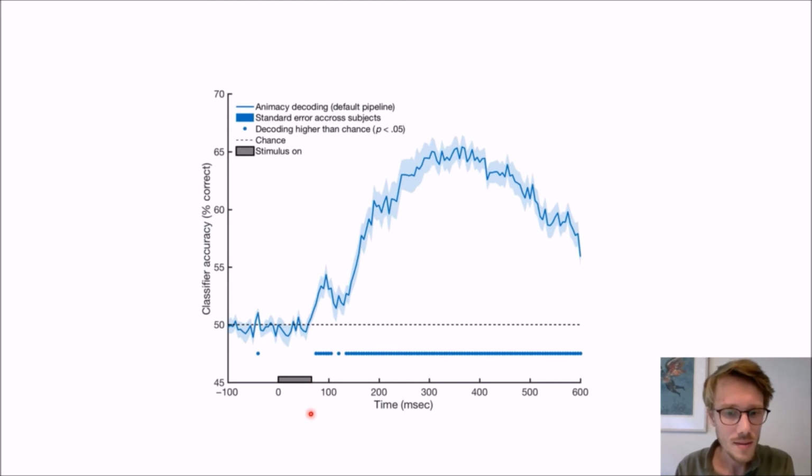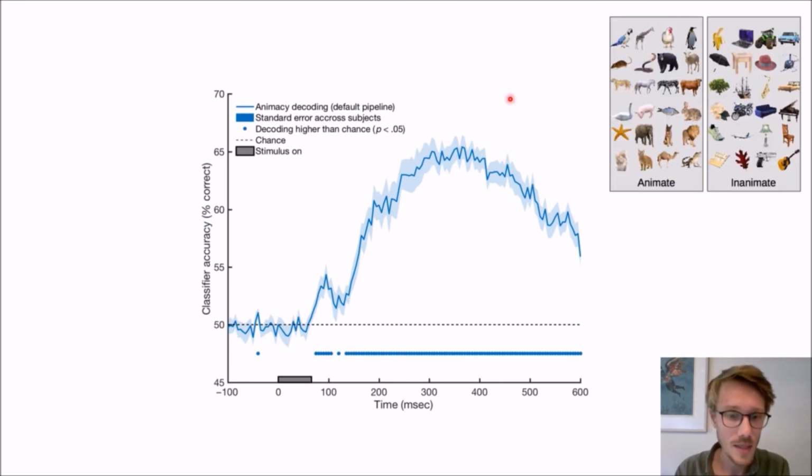So with time-resolved multivariate pattern analysis, we can look at the temporal dynamics of brain representations as picked up by the MEG. As we can see here, before stimulus onset, there is no clear distinction between these animate and inanimate objects.